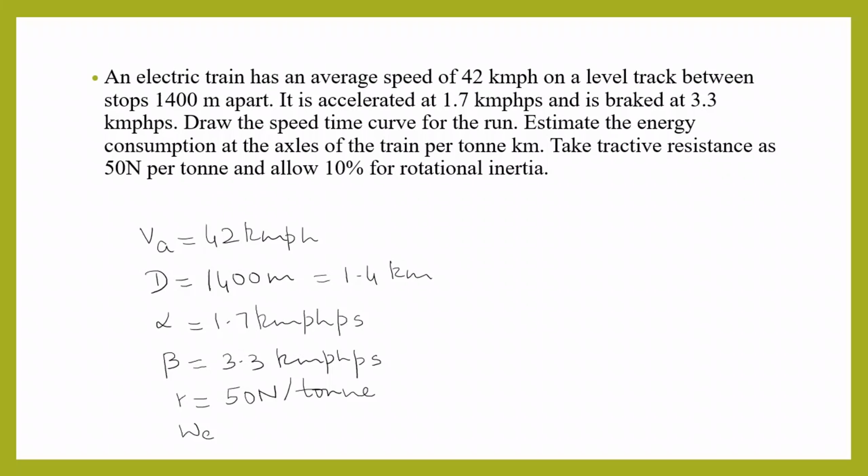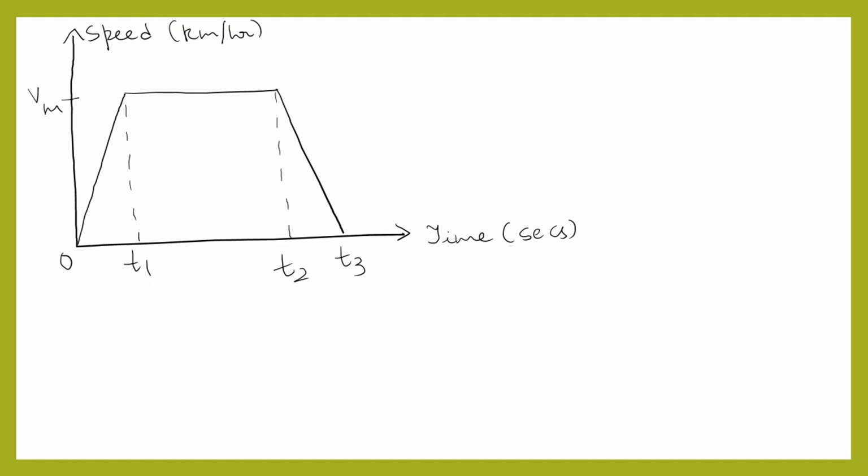Therefore, WE, the accelerating weight, is 1.1 times W, the dead weight. The speed time curve considered for the train run is trapezoidal, as shown.